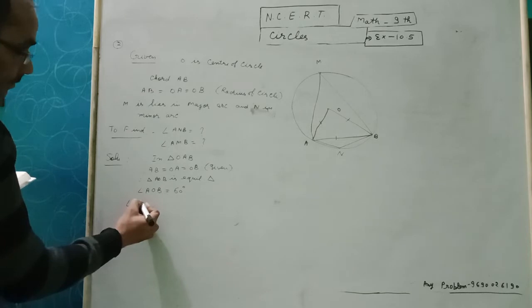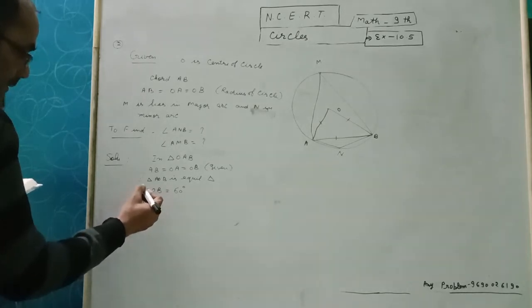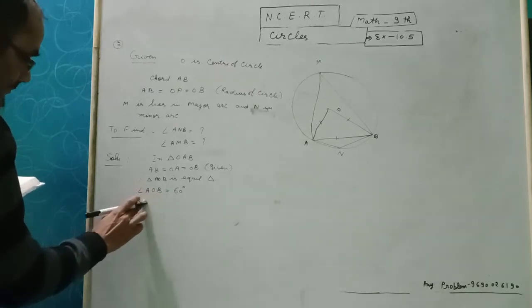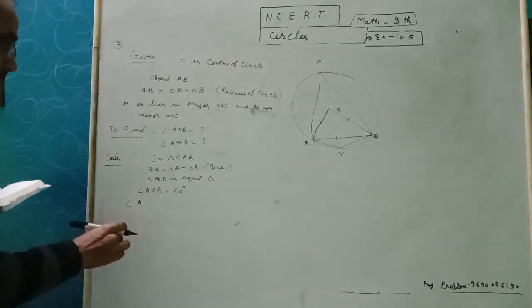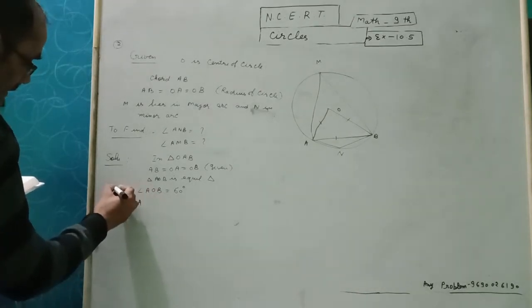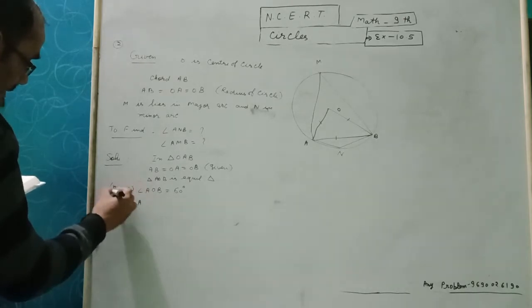Then angle AOB is equal to 60, minor measure.